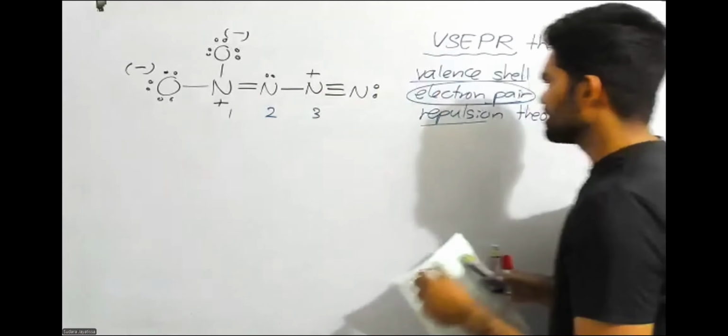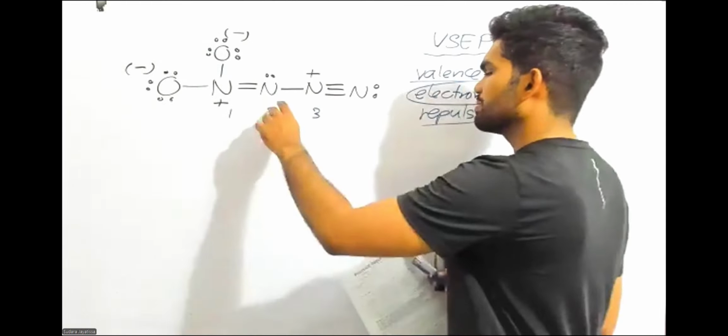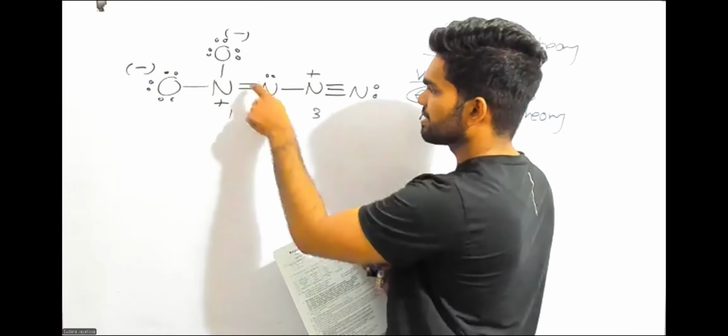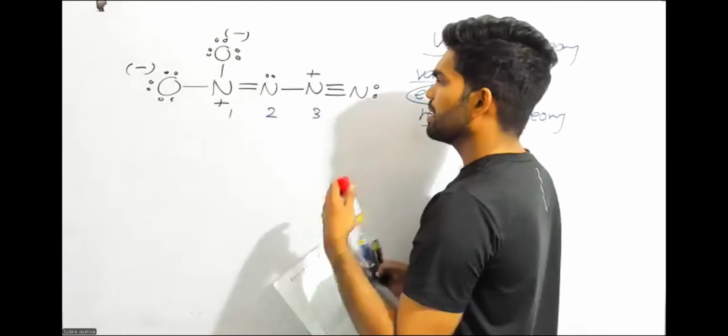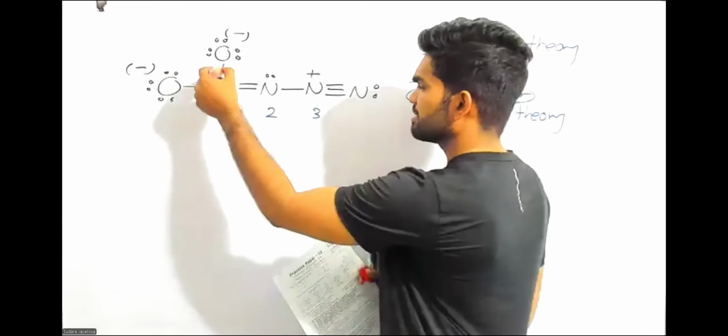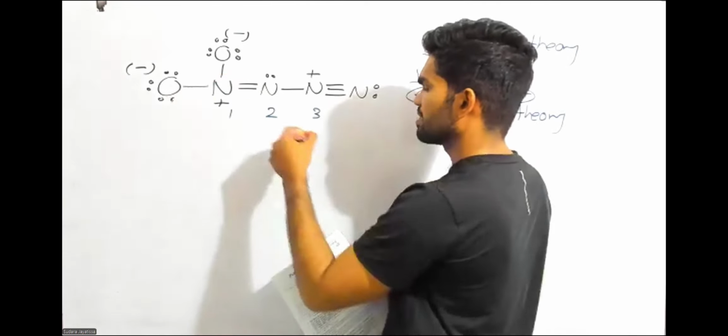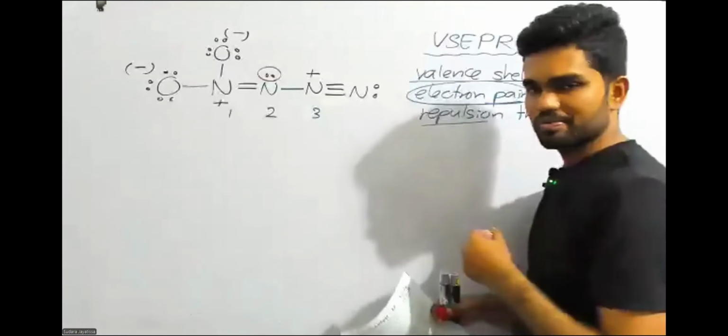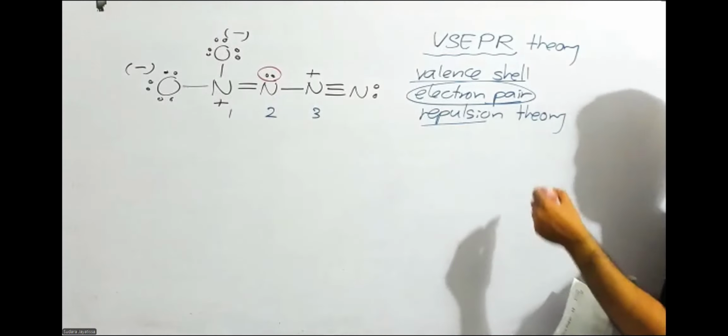So here, in these structures, around these central atoms, you have electron pairs. Here you have a double bond, and there you have 2 single bonds, and then you have these lone pairs.